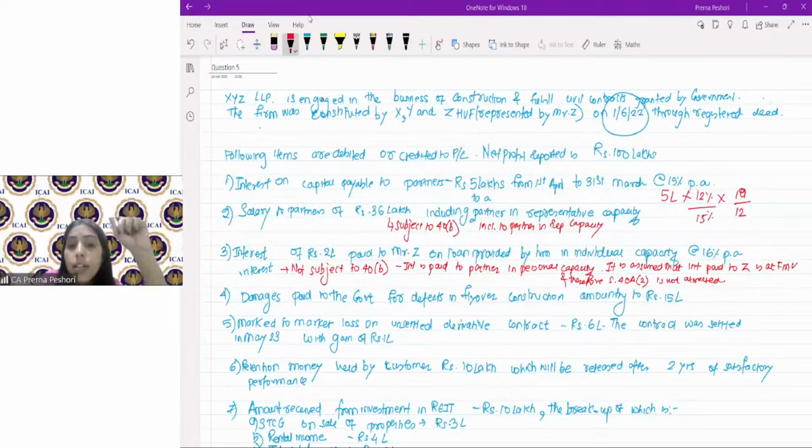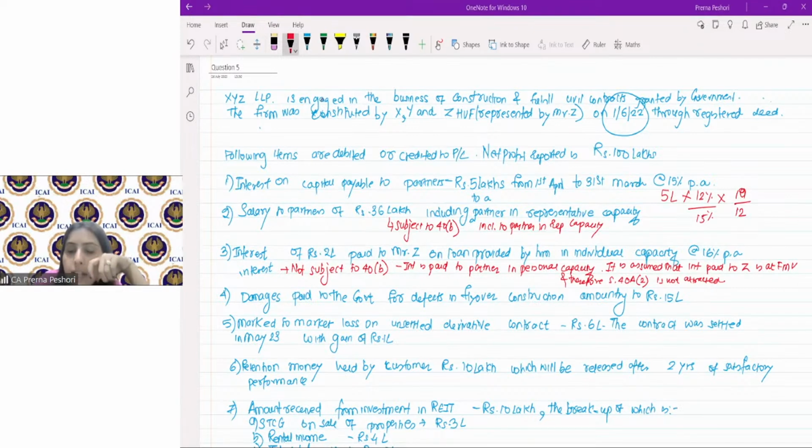It says the income arising to any person by way of profit and gains from the business or profession carried on by him at any time during the previous year.